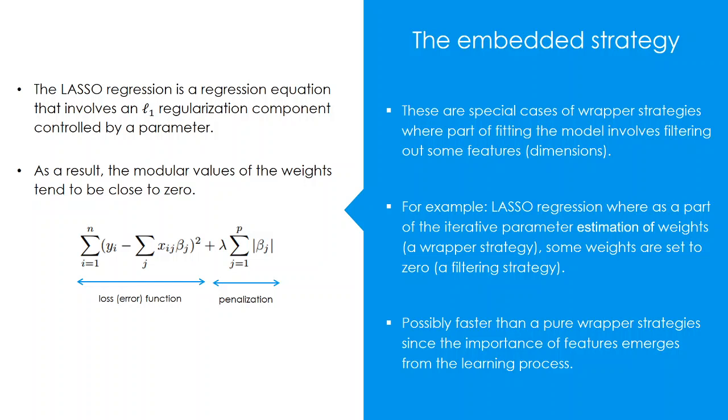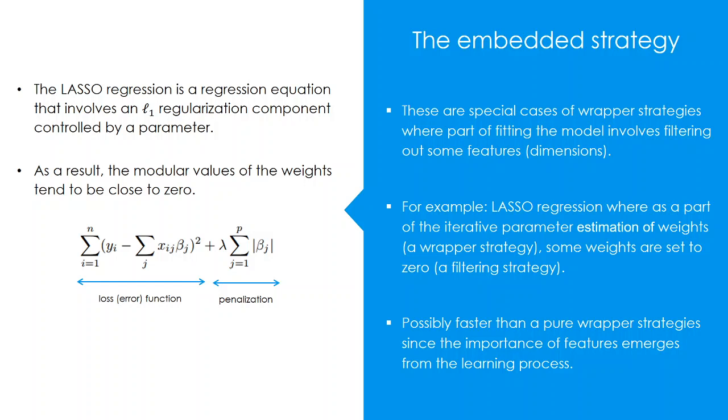But at the same time, the lasso regression model includes a regularization component, which is this penalization here, that tries to produce weights which are close to zero. So we can focus only on the important weights. The remaining ones are going to be discarded. And therefore, this is the filtering strategy.